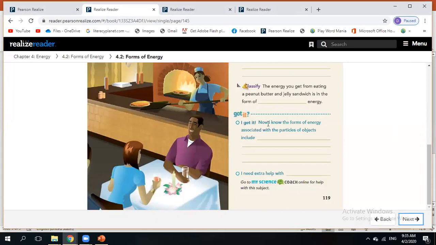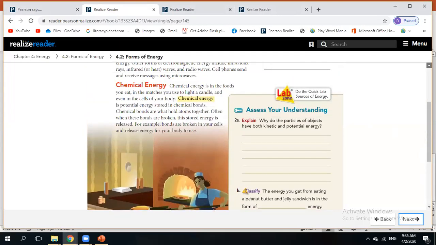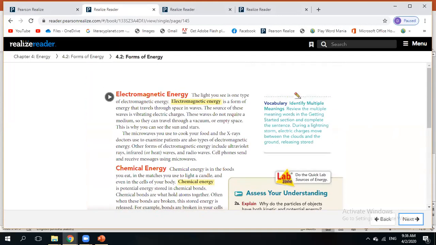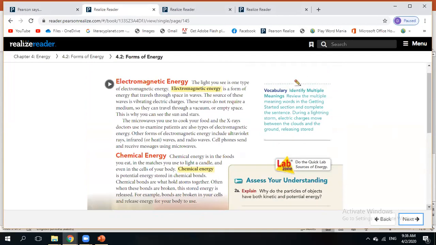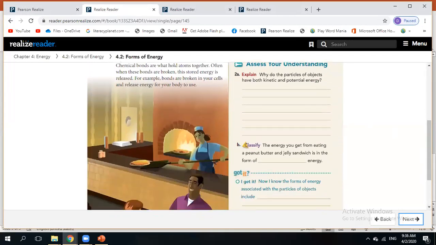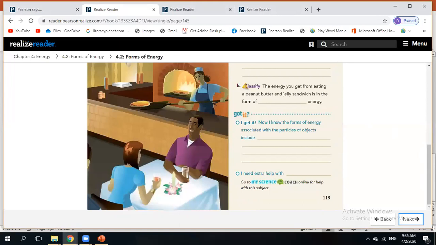What about the last question? Now I know the forms of energy associated with particles of objects include what? Nuclear energy, thermal energy, electrical energy, electromagnetic energy, and chemical energy. One by one. Can I have Nada? Can you say one? Shams?